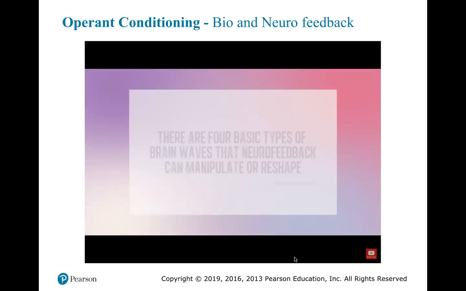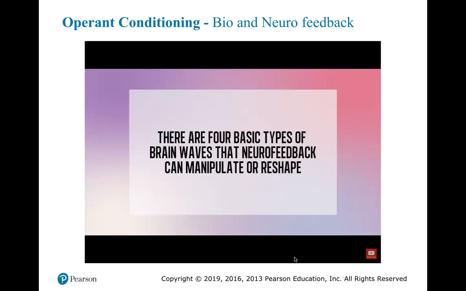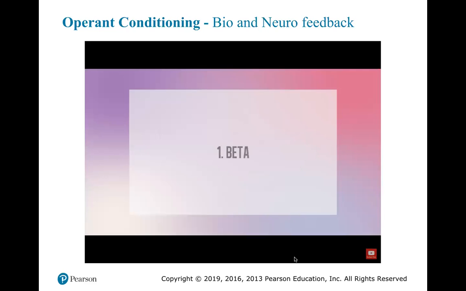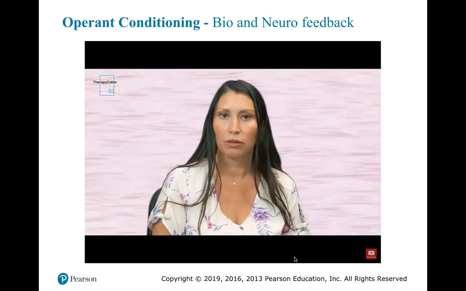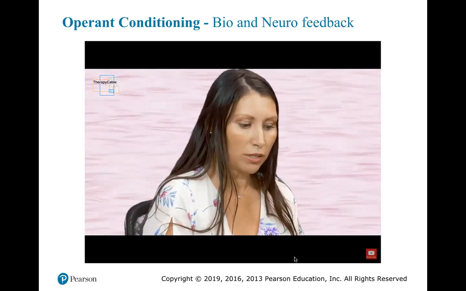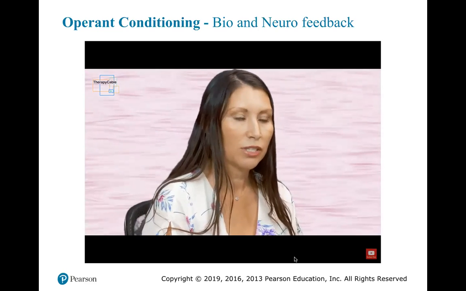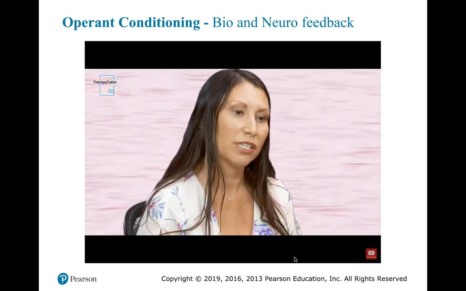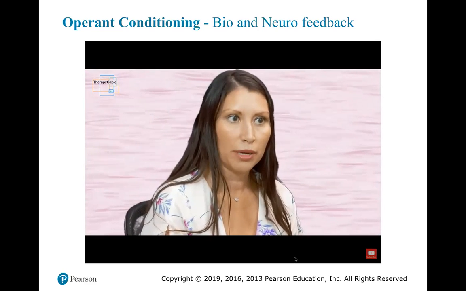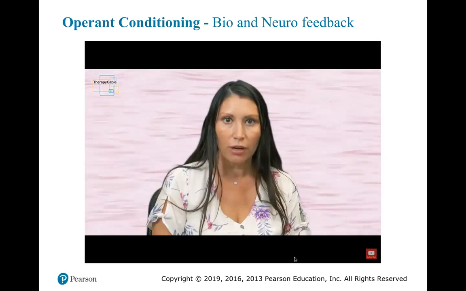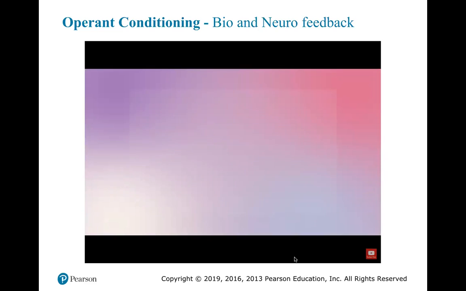There are 4 types of brain waves that neurofeedback can help manipulate or reshape. The first are beta. We talked about beta. They're the fastest. They have a low amplitude and they're associated with alertness, arousal, as well as engaged cognitive activity. So if you and I are having a conversation, beta wavelengths would be happening in both of our brains. Alpha is the next. Alpha wavelengths are a bit slower.